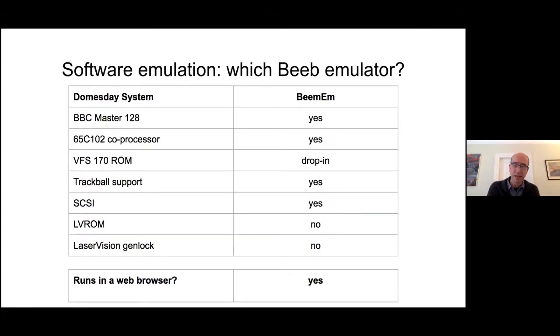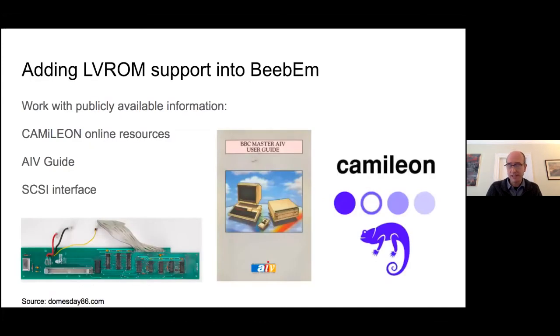So back to that table. Now I've got the tech in the box for running in a browser. So the question of how close it is to take something like Domesday and run it in the browser gets quite close. The bits that are missing are the LV-ROM and the genlock. I was looking at the previous information out there, and there are some older things from the Chameleon projects.